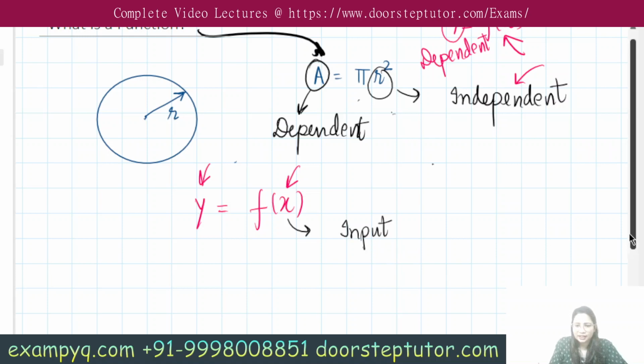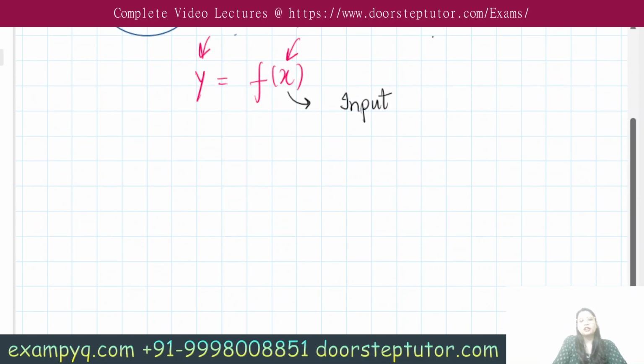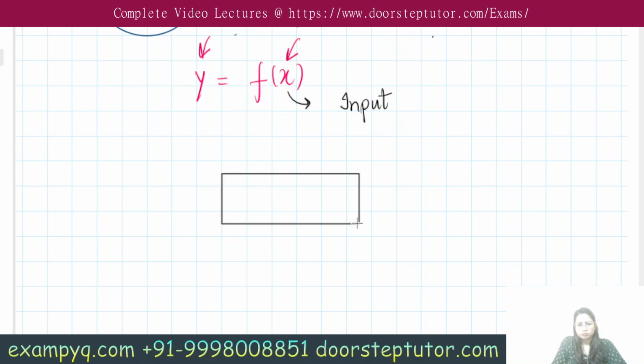Okay, let's understand this by an example. You can always treat your function to be a kind of machine. So let's suppose this box represents your machine. Now what is the purpose of a machine? Let's take an example of a juicer.